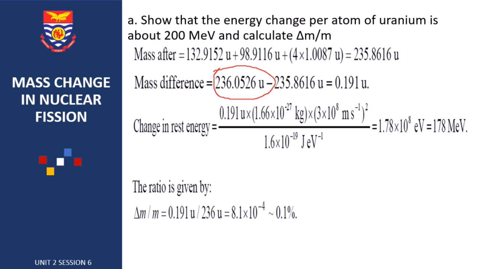So we need the mass of antimony, the mass of Nb and then the mass of the neutrons.